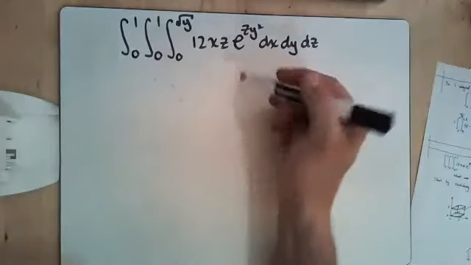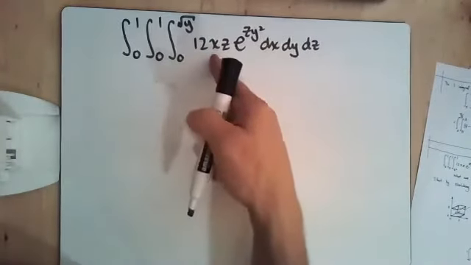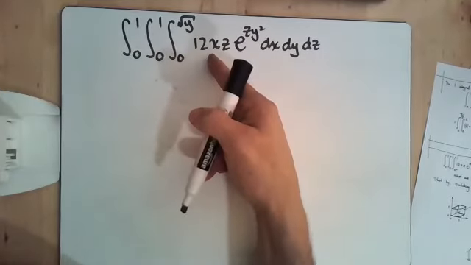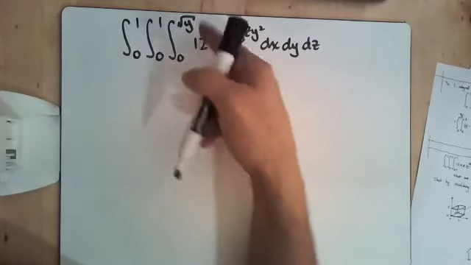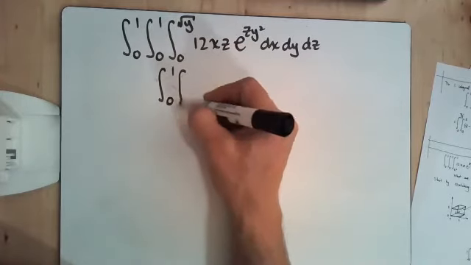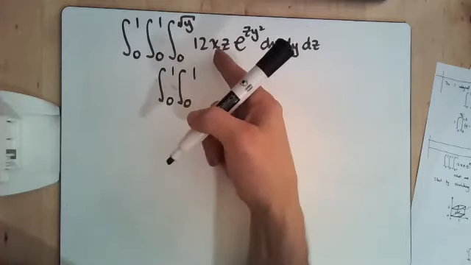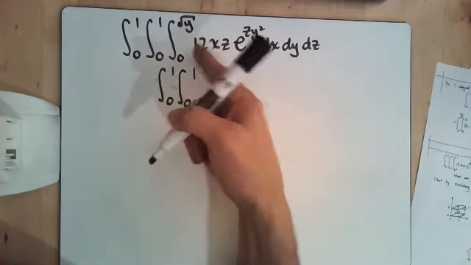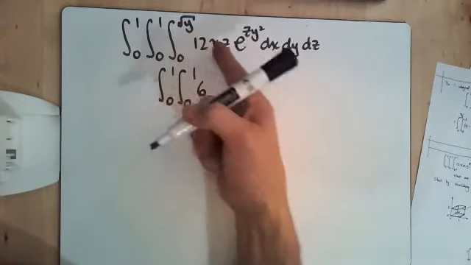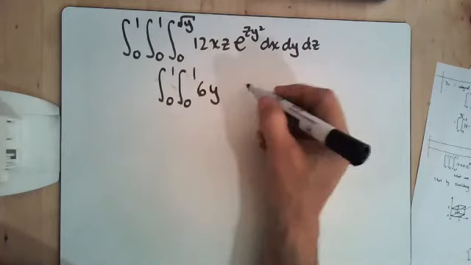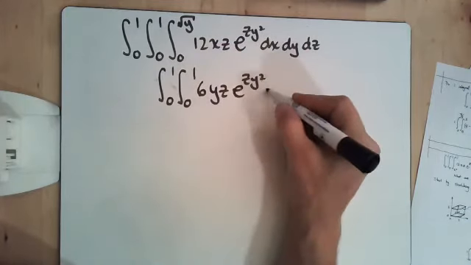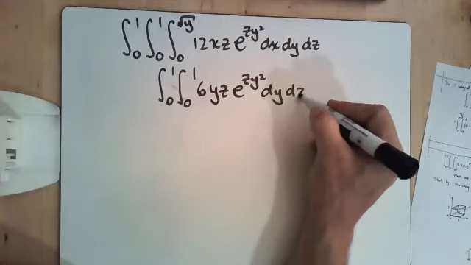All right. Let's start evaluating. This is the only x in my expression, so when I integrate with respect to x, I get an x squared over 2. Evaluated at root y gives me integral from 0 to 1, integral from 0 to 1. I get that x squared over 2, so let's make it 6 times the square root of y squared, so that gives me y, z, e to the zy squared, dy, dz.